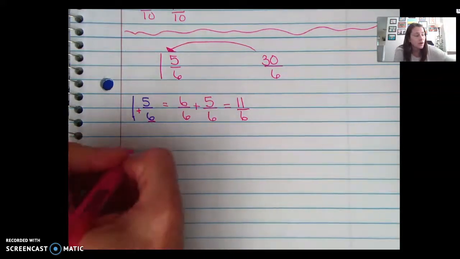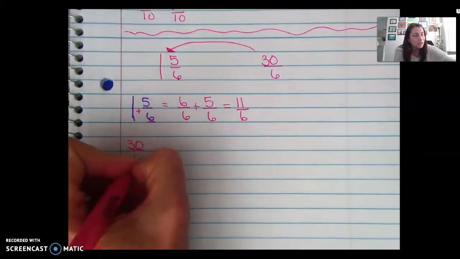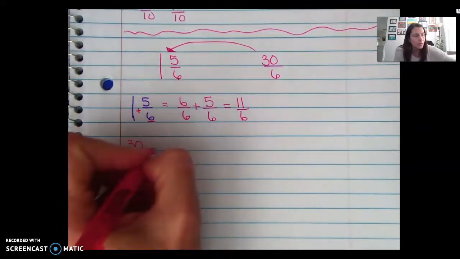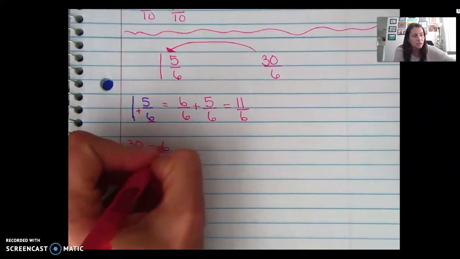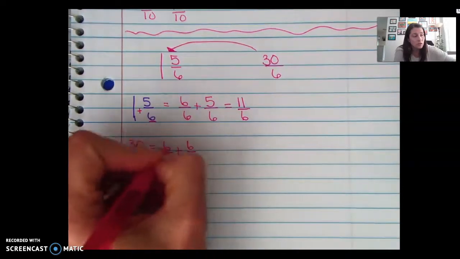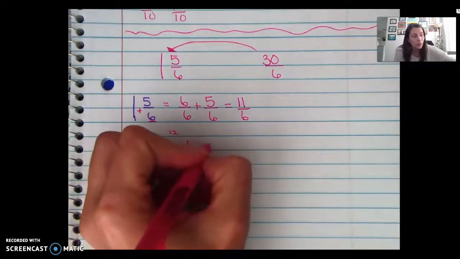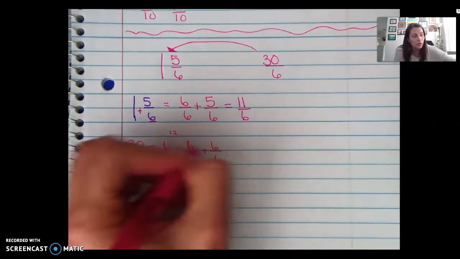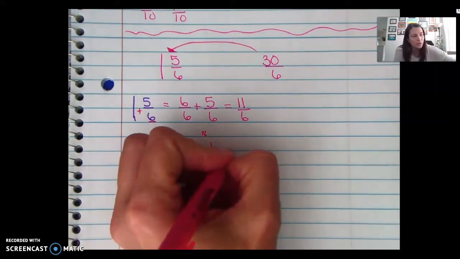Okay, so now on the 30/6, I have to think, well, how many times can I take out 6? So if I do 6, and then I'm going to take out another whole, so now I'm at 12. Then I can still take out more, so take out another whole. So now I'm at 18. I'm trying to get all the way up to 30.